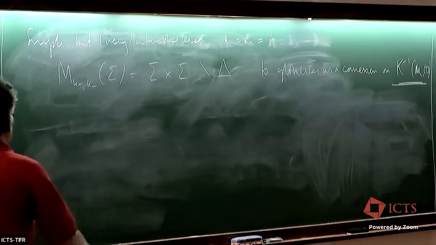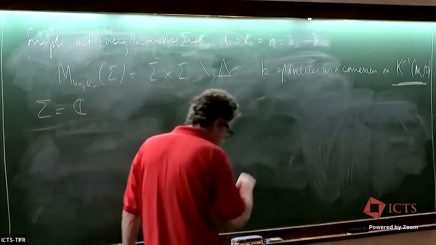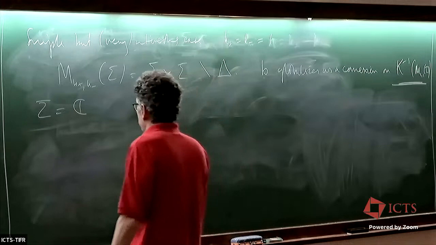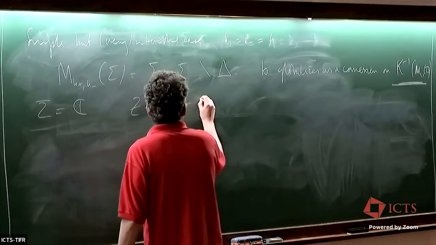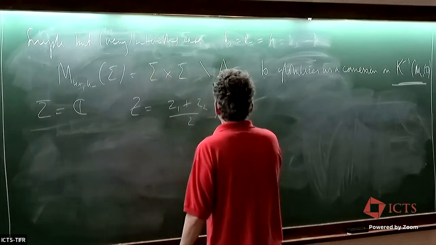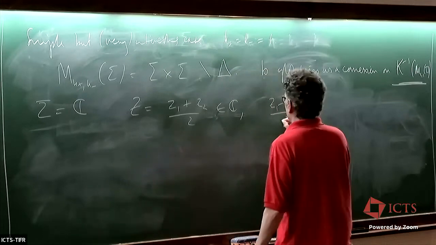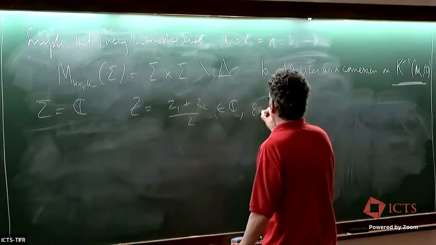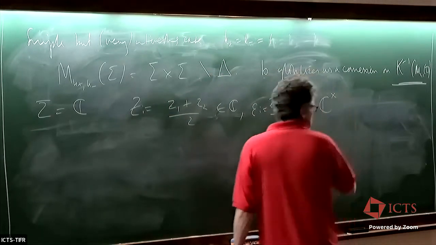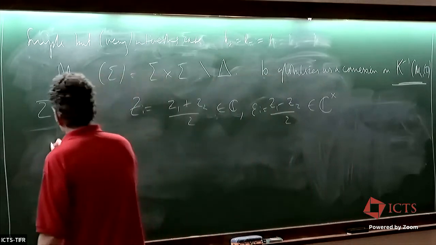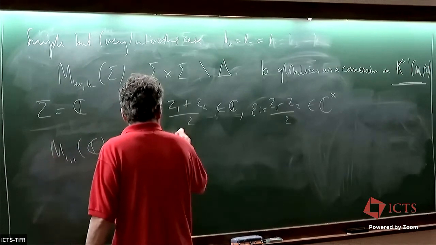Okay, so you can interpret B, although there's a local coordinate expression for it, it has a nice global interpretation. Let's focus on the simplest case. Let's take our space to be the line. Then I can always parameterize pairs of disjoint points using their center of mass. And so that's just a complex number, and their difference. Let me call that thing epsilon. So that's capital Z, and that's epsilon. And that, of course, because they're not allowed to coalesce, is in the punctured plane. So in this case, the moduli space is just C cross punctured plane.